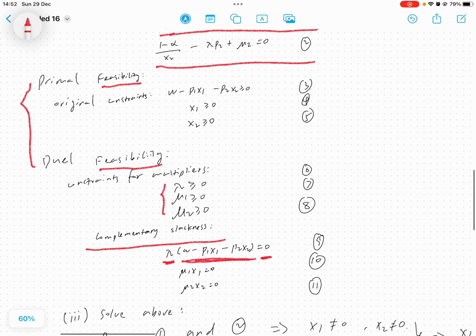We do the same for the second primal feasibility constraint, where we have mu1 x1 to be 0, and then the same for the third, mu2 x2 to be 0.